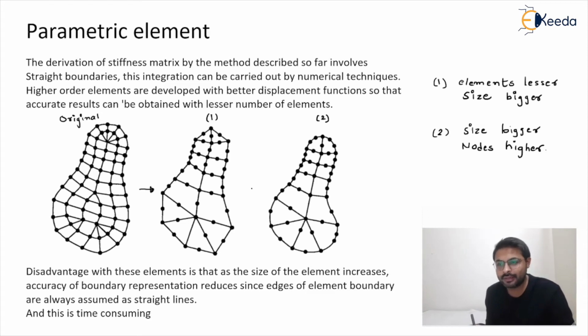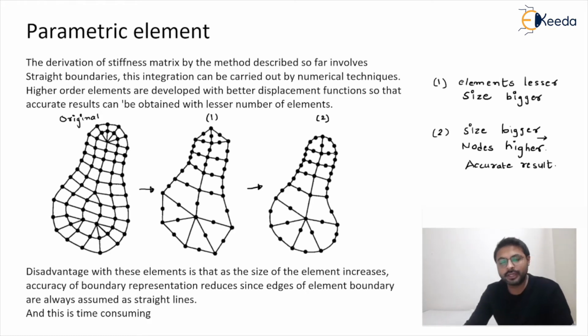So now you can understand that if we choose the second option, we get a good or accurate result, because here the boundaries are meshed properly, and in the first method we are eliminating the curved boundary.